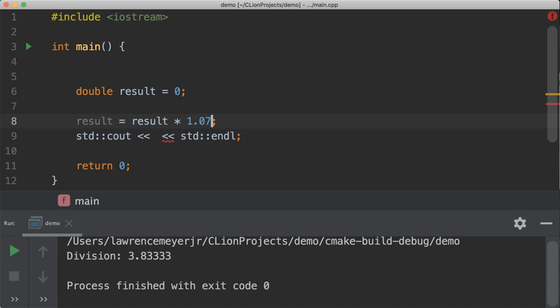So you were actually trying to add 7% to that. This number right here, while it is a literal constant, it has no meaning to the reader. They really don't know what this thing is. So we want to avoid using non-intuitive constants inside our code.